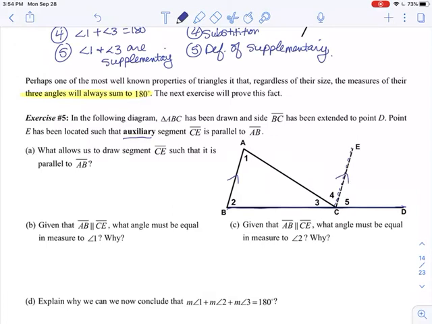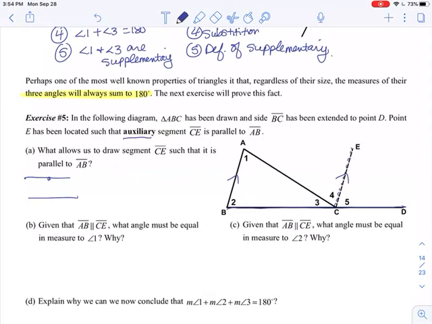So AB and CE right here are actually parallel. That's my symbol for parallel that I just added in there. What allows us to draw segment CE such that it's parallel to AB? Well, we learned back in Unit 1 that if I have a line and a point, there's only one line that I can draw through that point that will be parallel to the other line.